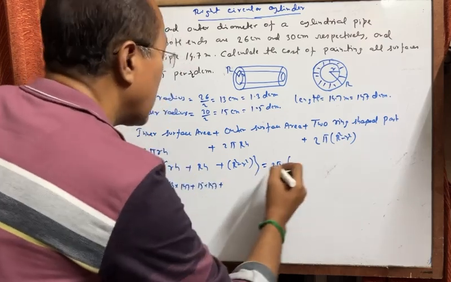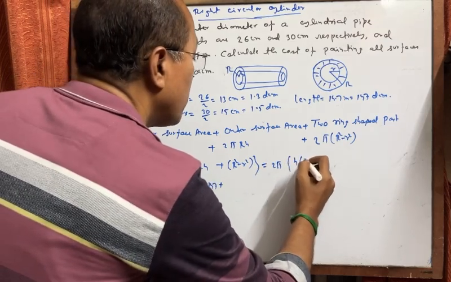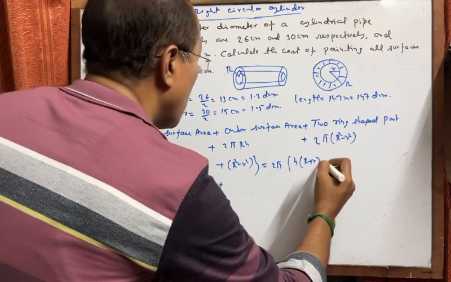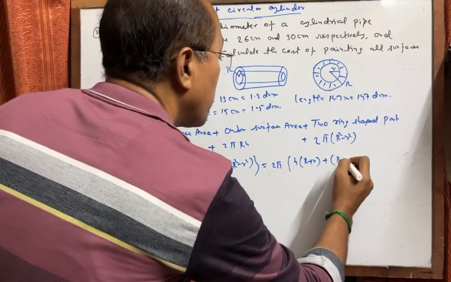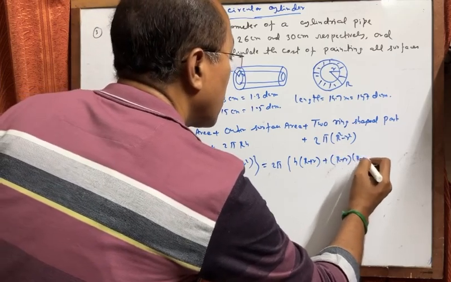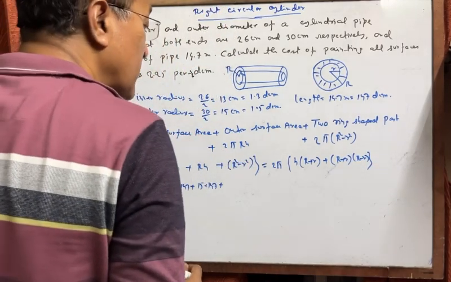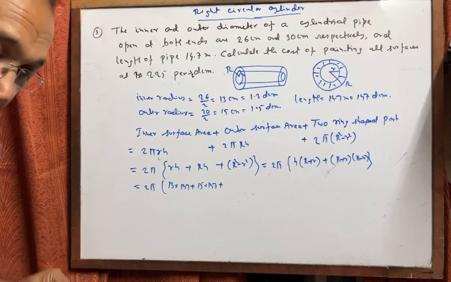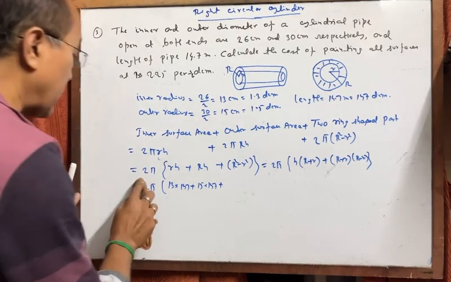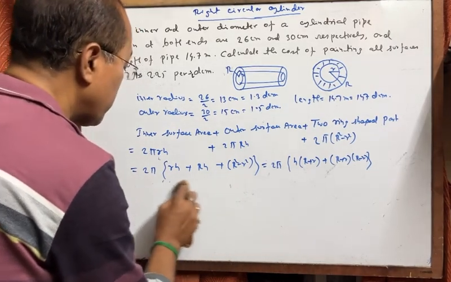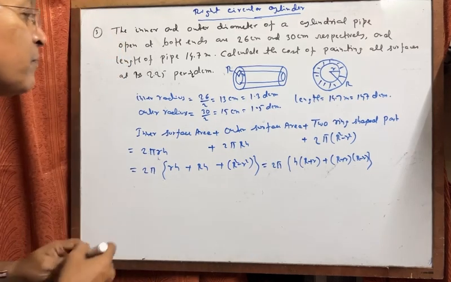We can write capital R square minus small r square as capital R plus small r into capital R minus small r. So for the sake of making the calculation easier, we can do this one.